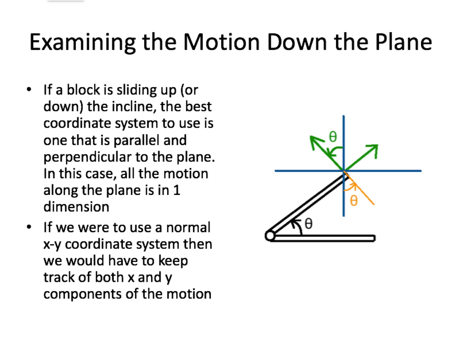If a block is sliding up or down the inclined plane, the best coordinate system to use is one that's parallel and perpendicular to the plane. In this case, all the motion is going to be in one dimension. If we were to use a normal XY coordinate system, we'd have to keep track of both the X and Y components of the motion.